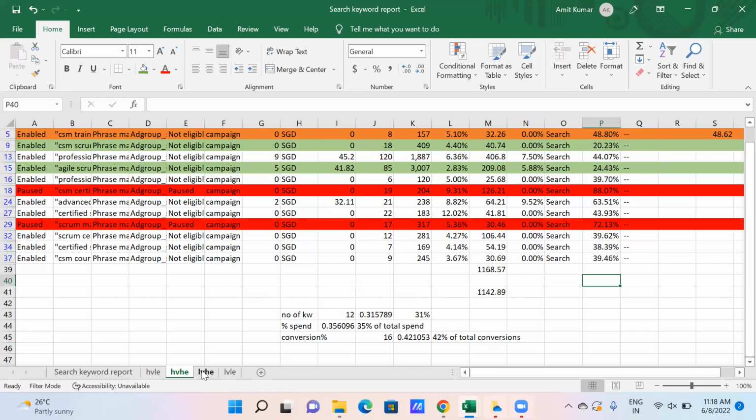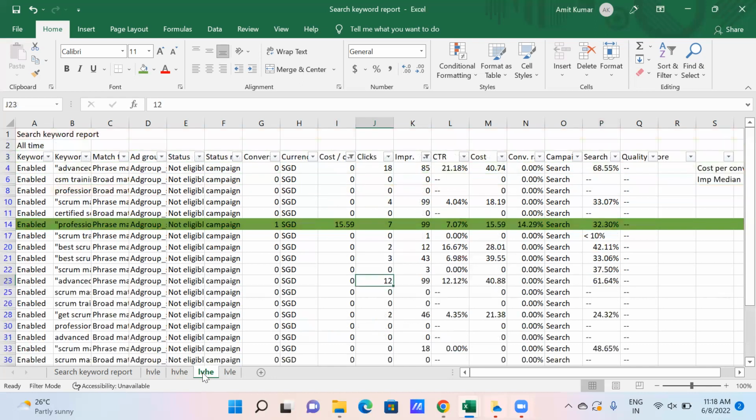Okay, now if we go to low volume high incentive efficiency, I can only figure out this one, because obviously we don't want many of the keywords, it's of no use. You have already seen in these two, hardly 18% of the keywords is giving us 50% of the revenue. So quality of the keywords will matter.